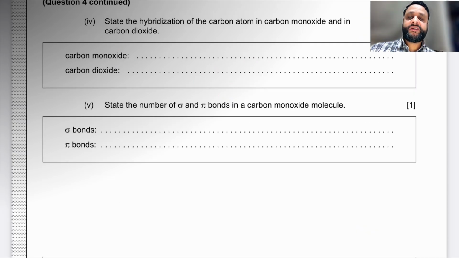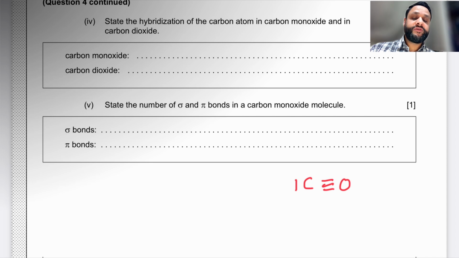State the hybridization of the carbon atom in carbon monoxide and in carbon dioxide. We're looking for how many electron domains there will be around the central atom, and that will help us to decide the state of hybridization. In carbon monoxide, we have C triple bond O, and there's a lone pair on carbon.